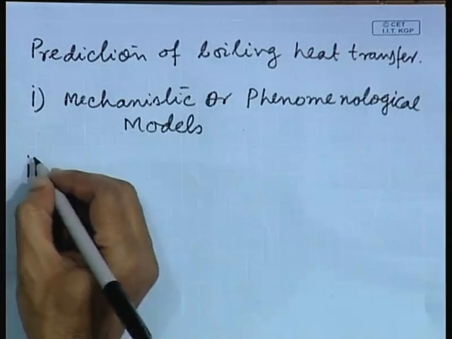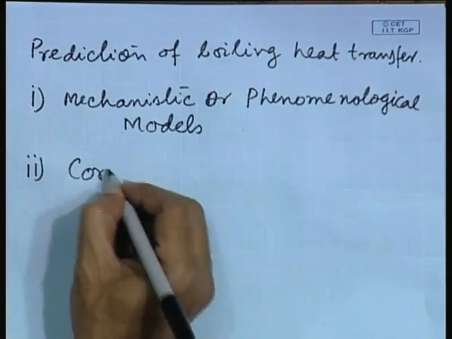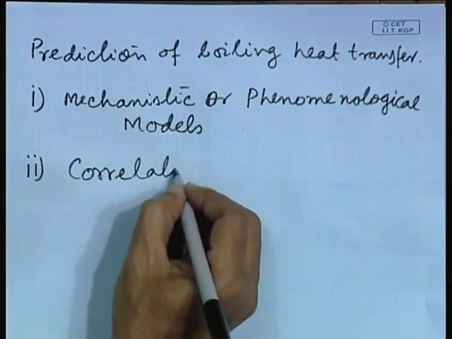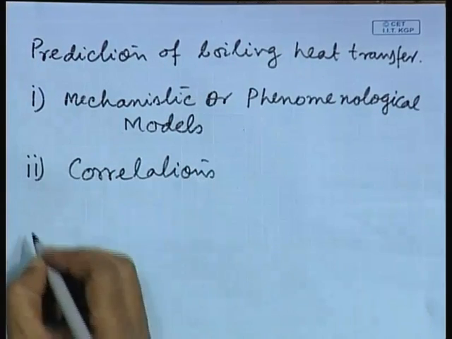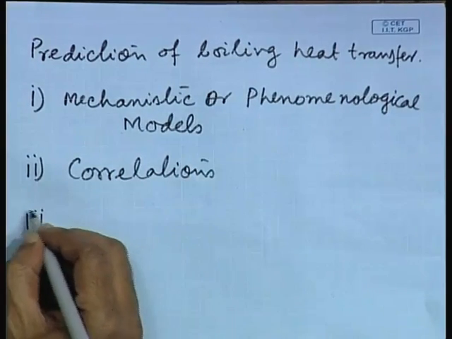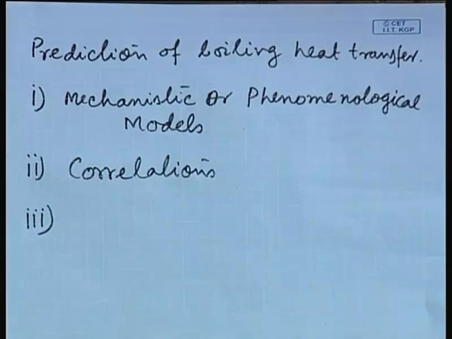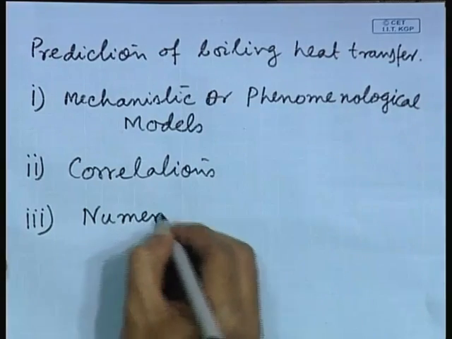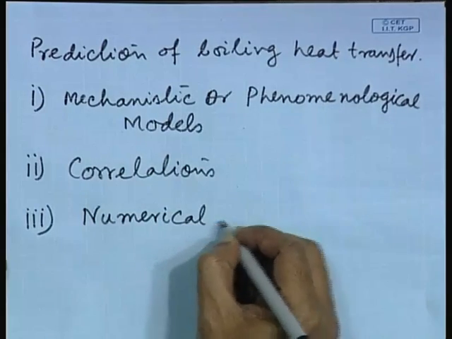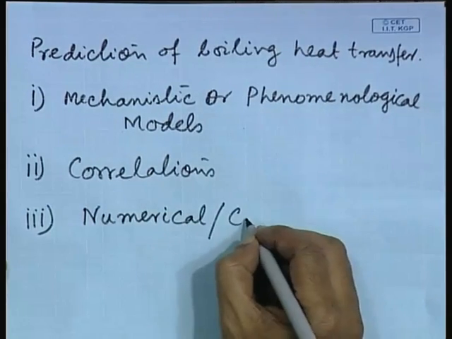The second approach is correlations. The third one, which is emerging very fast, but still has a long way to go before it is regularly used for industrial design, is numerical or computational simulation.